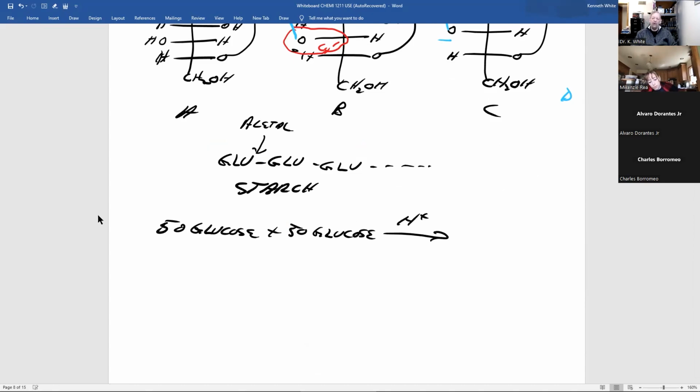Write the name or draw the structure, write the name of the product you get when you react 50 molecules of glucose with another 50 molecules of glucose with acid catalyst. Oh, let's see if you can get this.